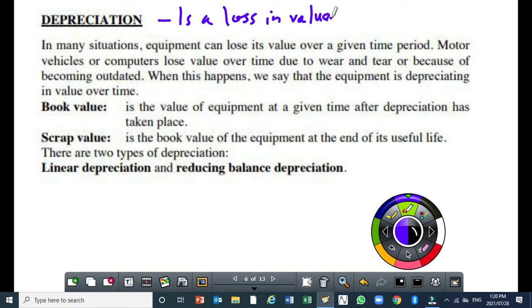Then the scrap value is actually the book value of an asset or equipment at the end of its useful life. So before you throw away the car, you want to take it to the scrap yard, you can determine the value of that car. That value is called the scrap value.